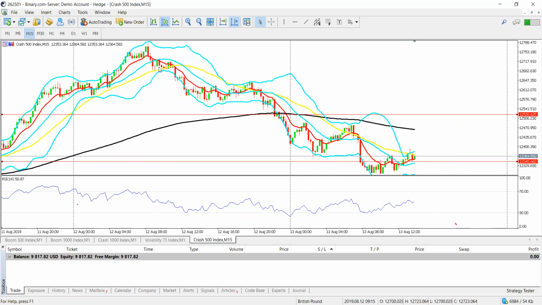So you can get ready to sell crash, right? And when you see green candles forming on support, then you know that it's going to be a buy on crash.